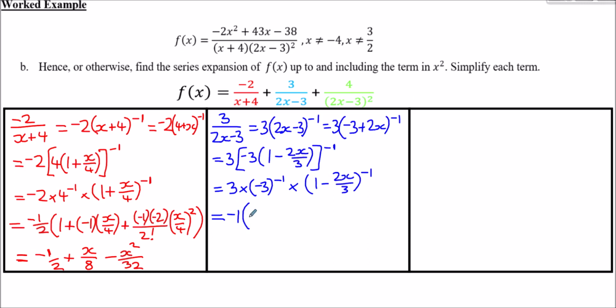So the first term, as ever, always is 1, then plus the power minus 1 multiplied by this thing here, which, be careful, is minus 2x over 3. Be very careful about negatives. Then plus minus 1 times minus 2 divided by 2 factorial, all over minus 2x over 3 squared.